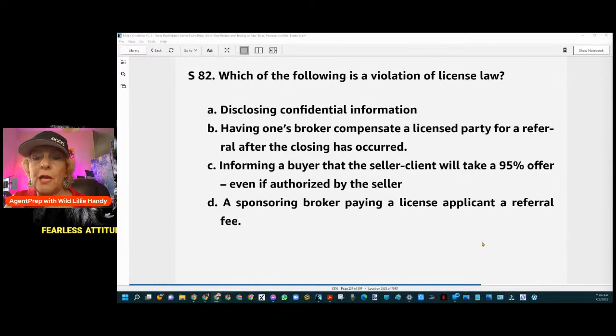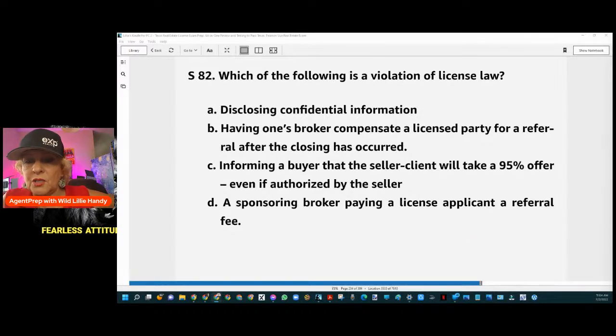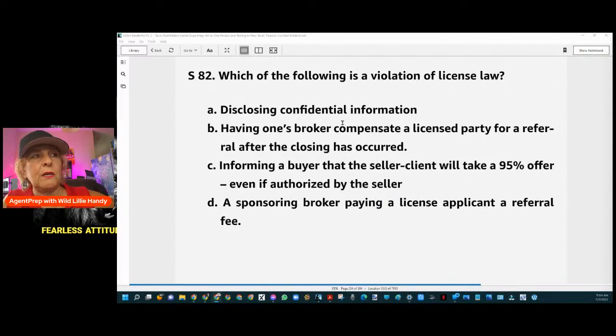One can disclose confidential information if it originates from a non-client and serves the client's best interest. A sales agent can disclose a price beneath the list price if specifically authorized. So as long as it's in writing, then we can disclose. Disclosing confidential information is allowed if it originates from a non-client.